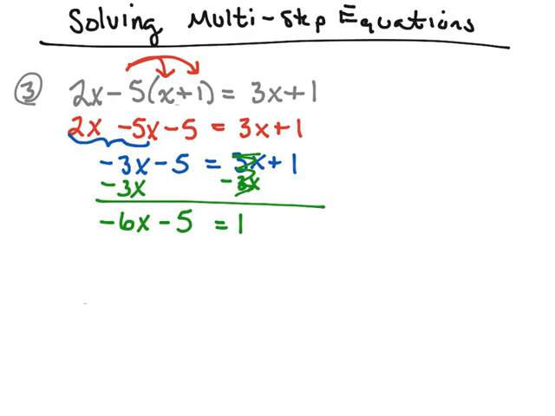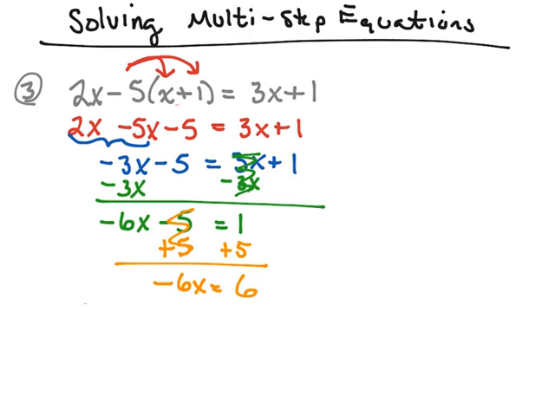Alright, so the equation gets a little smaller here, which means we're getting closer to the solution. The next thing we're going to do is the opposite of subtracting 5. The opposite of subtracting 5 is adding 5. So that's gone. We got negative 6x is equal to 1 plus 5, which gives me a 6.